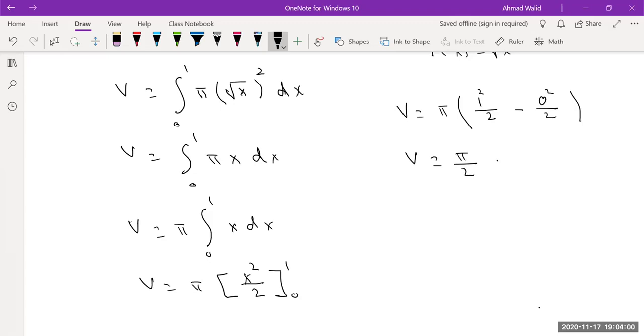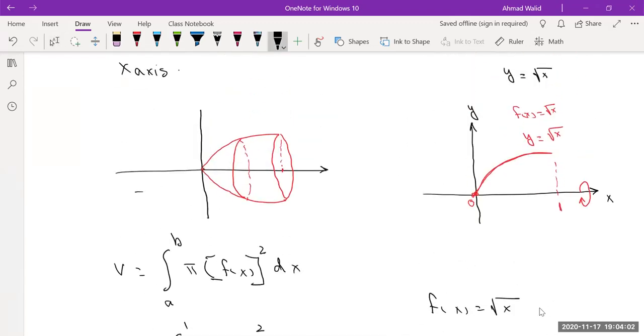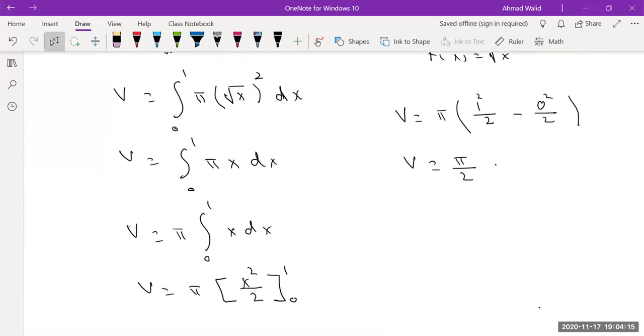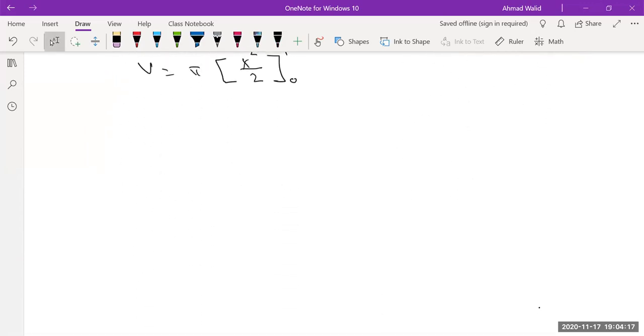It means the value of this solid object, it's like a top of a bullet, right? The volume is pi over 2. Easy, correct? Let's take another function. Let's do now your example number 1.